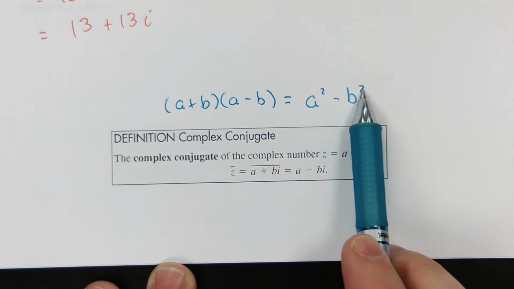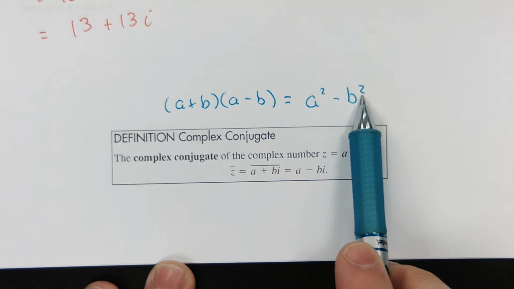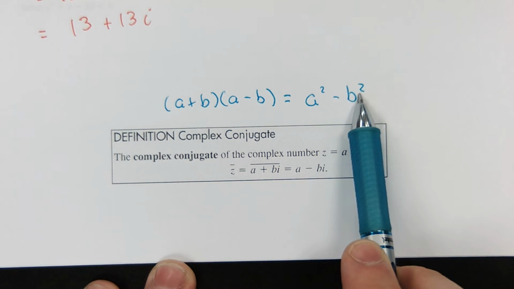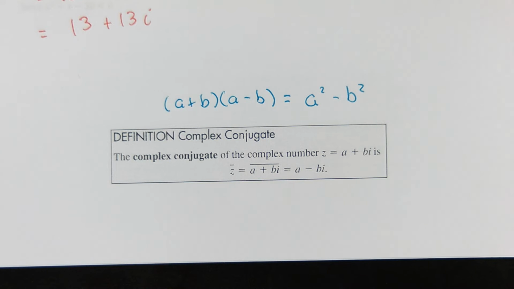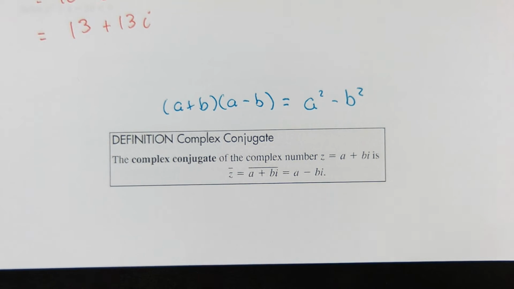But i squared always gives you a real number. So when multiplying complex conjugates, a plus bi and a minus bi, you will end up with a real result only, no imaginary numbers. Because it squares the a and squares the bi, and then you just put a minus sign in between them. Every single time.